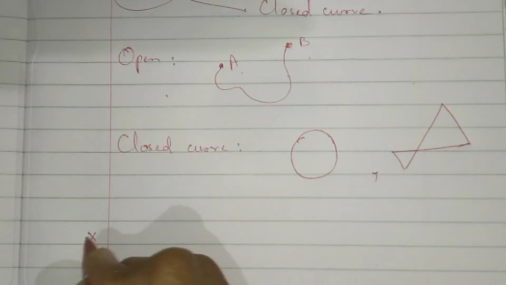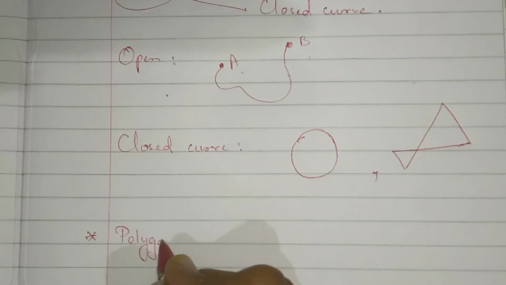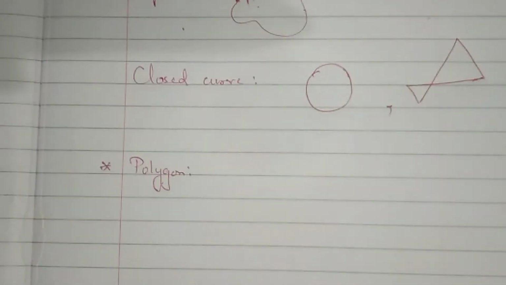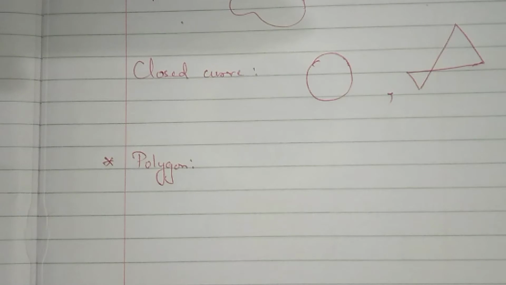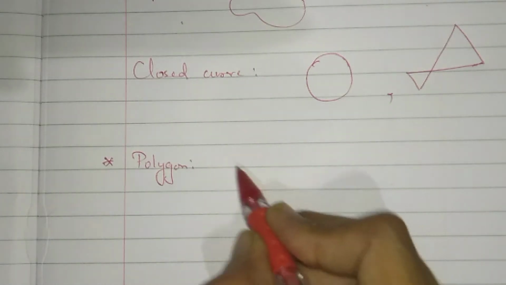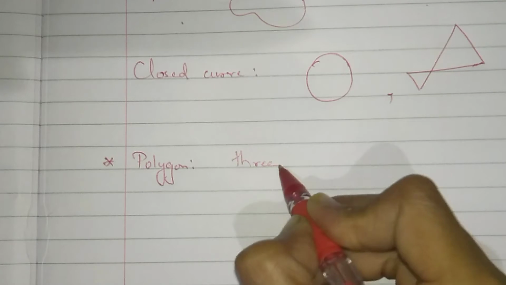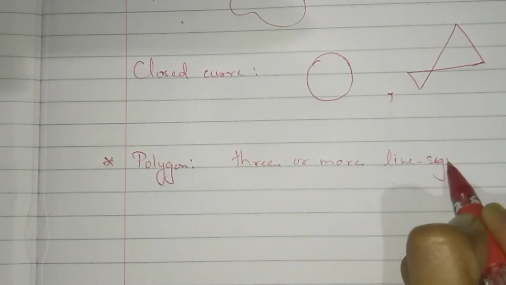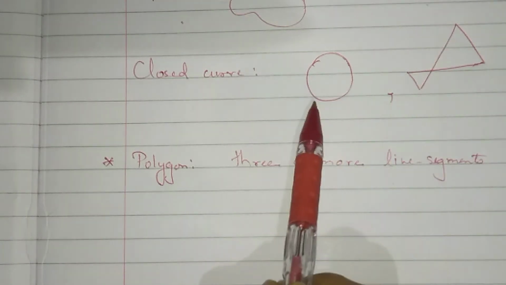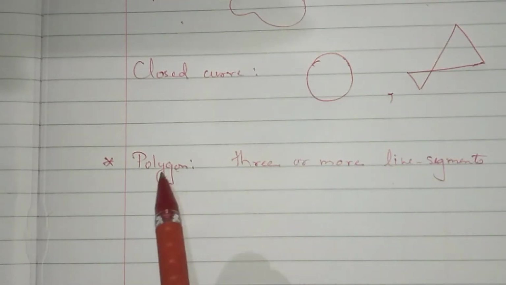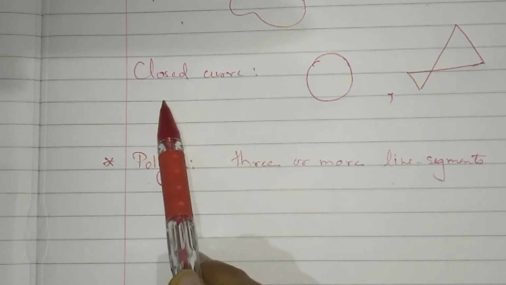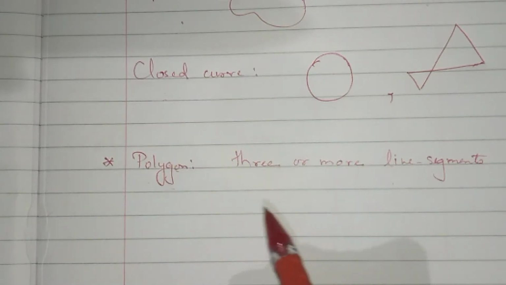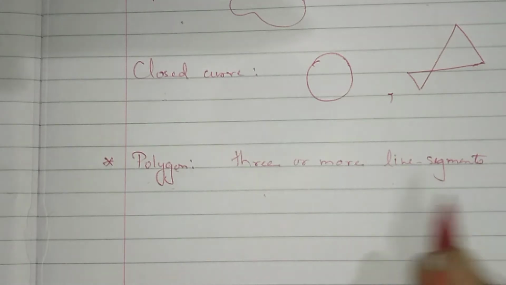Now we will see what a polygon is. You know the definition of a polygon: a closed figure made up of three or more line segments is called a polygon. A polygon should be a closed curve and it has to have three or more line segments.